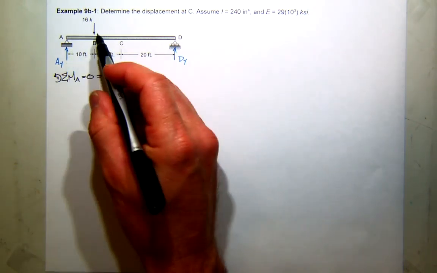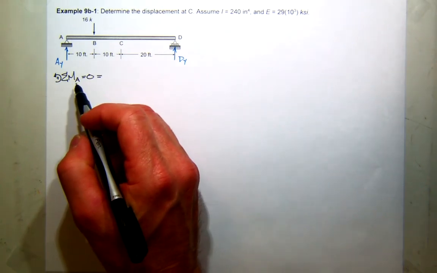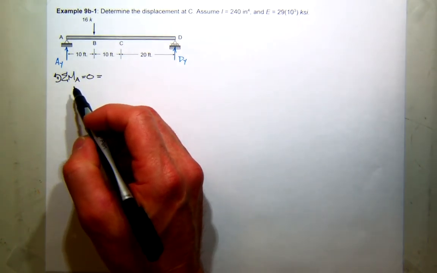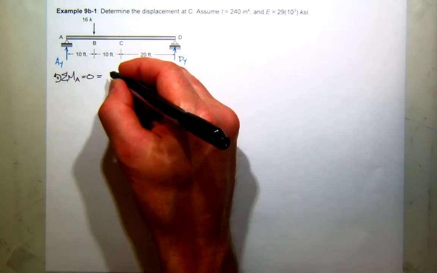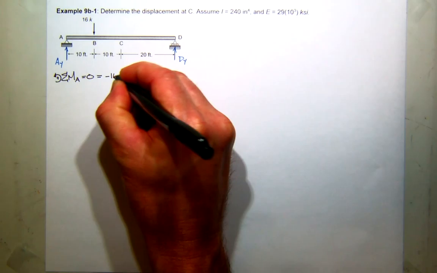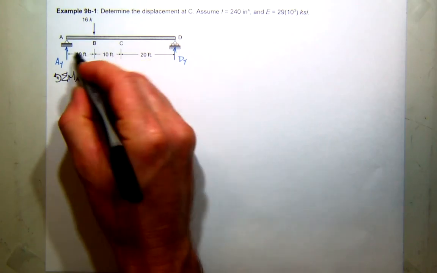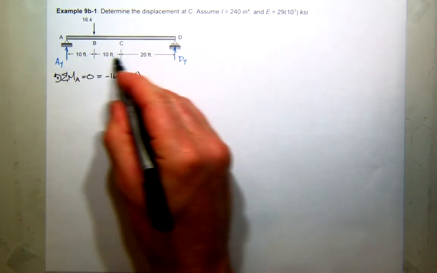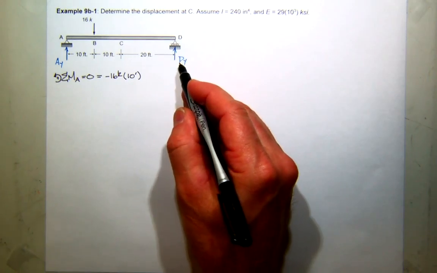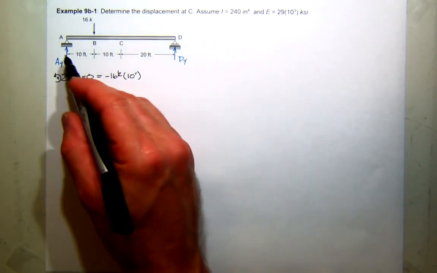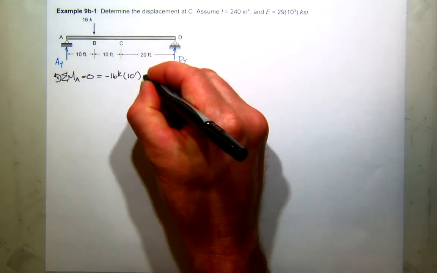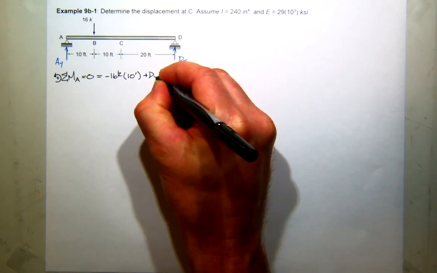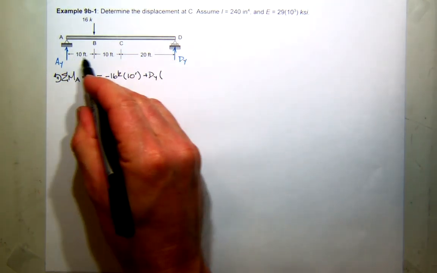So looking at that, this 16 kip force is going to create what kind of moment about A? Positive or negative? Negative. So I'm going to have negative 16, that's the force, and the moment arm should be 10 feet. And then all the way over here on the right will be the moment produced by Dy about A, and that looks like that's a positive moment, and the moment arm there is 40.